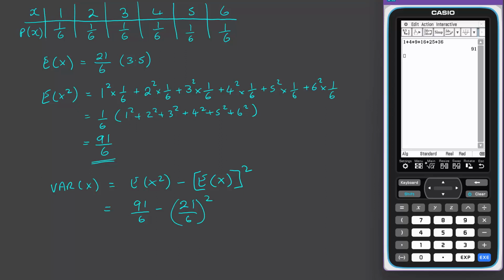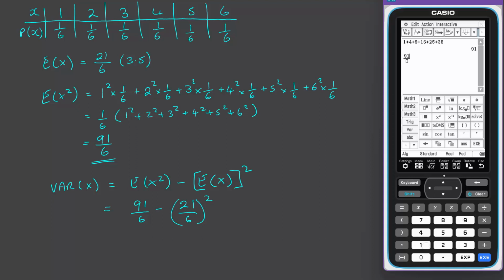I'm just going to put this in standard over here, and we'll do that as 91/6, take away 21/6 squared. And that's 35/12. As a decimal, that's 2.916 recurring.